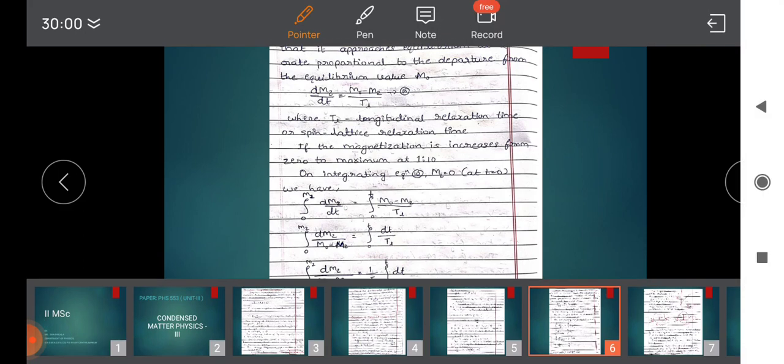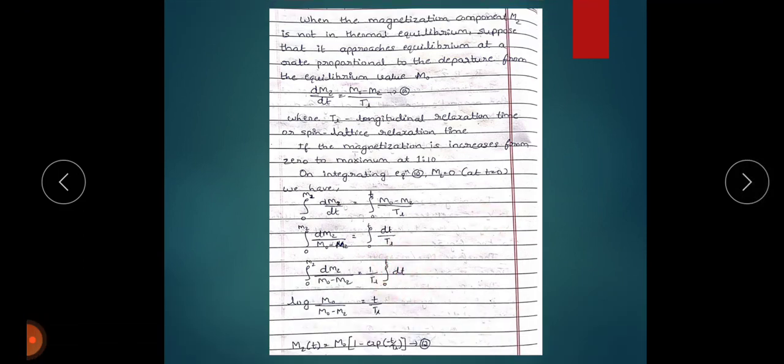Here 1 divided by T1, where T1 is the longitudinal relaxation time, is a constant taken outside the bracket, and the remaining part is integration from 0 to t of dt. Then integrate with respect to Mz and integrate with respect to t.